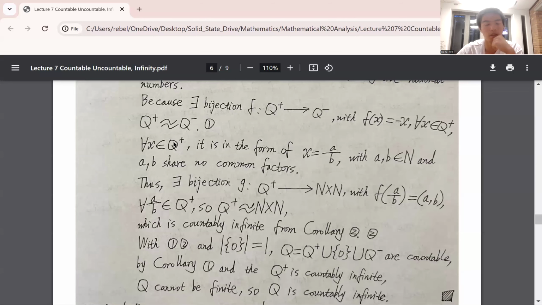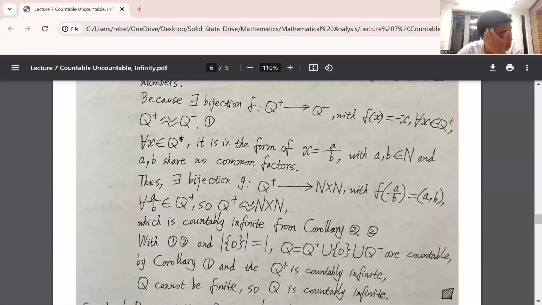And because we only consider the positive rational numbers, which are in the form A divided by B, where A, B belong to the natural numbers, and A, B share no common factors. This is very important because 3 divided by 6 and 1 divided by 2 are the same, so we don't want to recount one rational number twice.